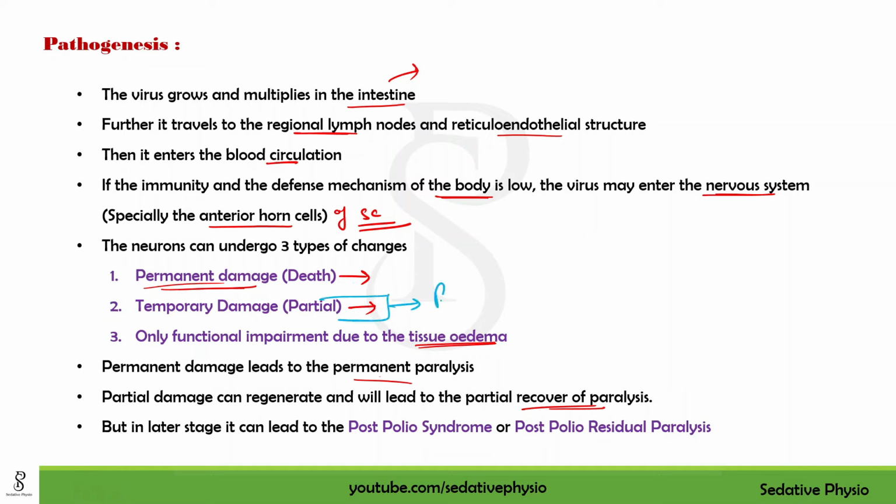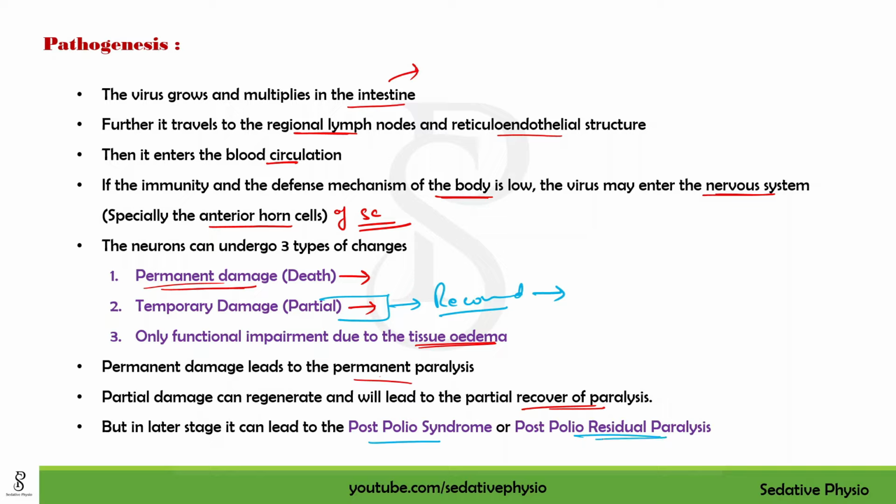Now, the patient will be recovered, partially recovered. Again, after the partial recovery, in the latter stage of life, even after the recovery of the patient, mind it, some different complications can be seen, and that's called post-polio syndrome or post-polio residual paralysis.